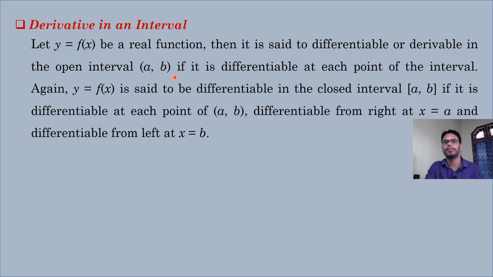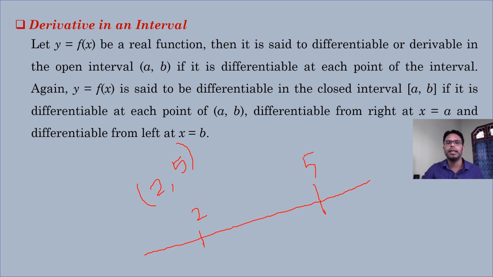this interval. If this interval is, say, the open interval 2 up to 5, you should exclude 2 and 5. So this is the real line, say this is the point 2, this is the point 5.